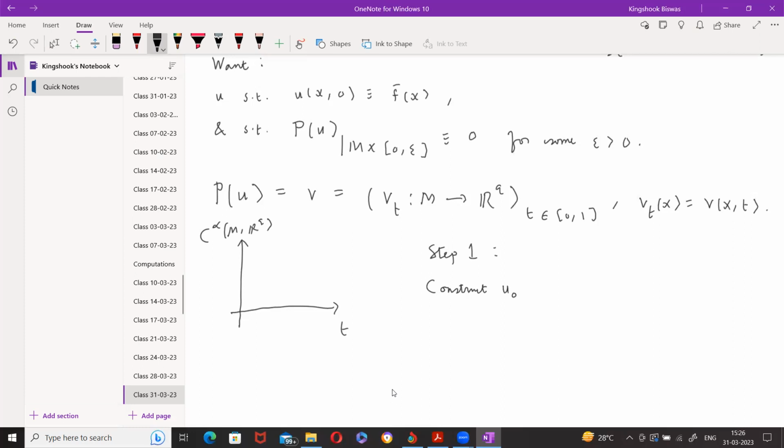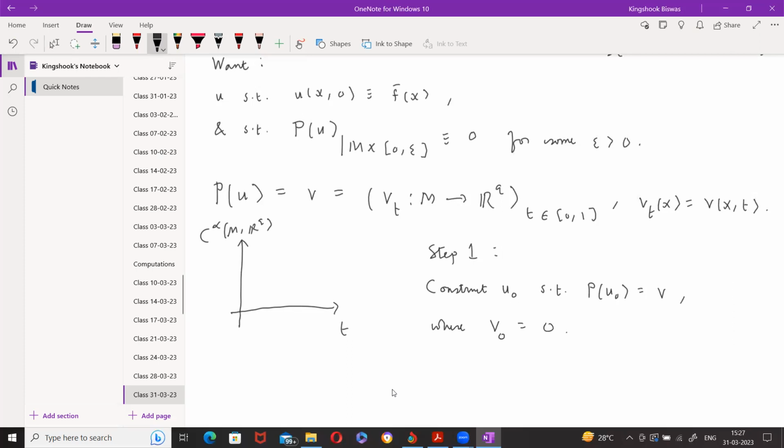This will be an approximate solution to this problem such that P of U naught equals V, where V0 is equal to 0.